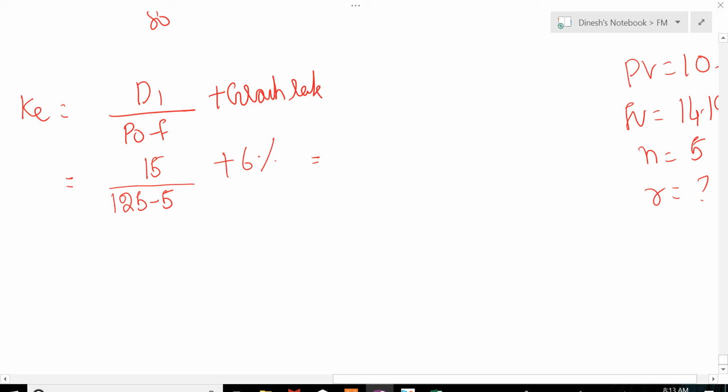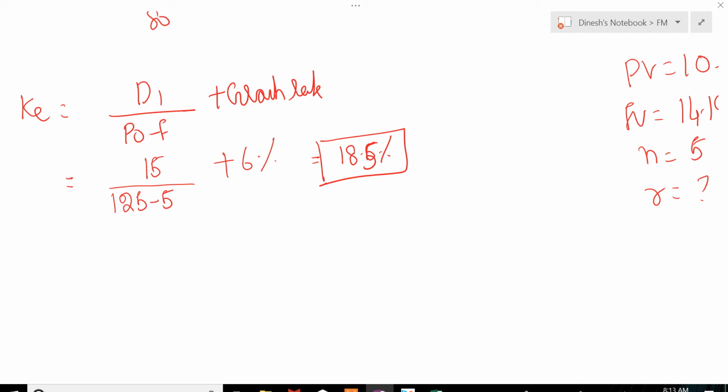That gives 18.5%. The first priority is always the issue price, if at all issue information is there. If not there, current market price. If not there, go with the rule of your face value. Any doubts on this?